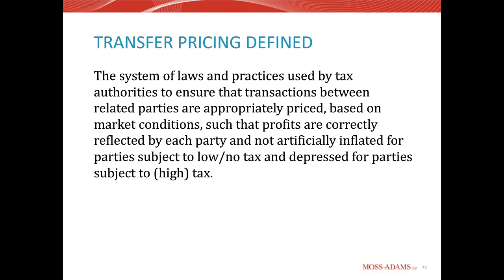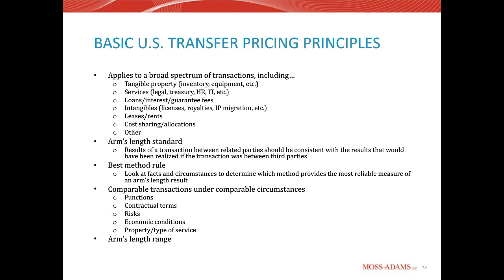So with that, going on to the next slide, we'll look at the basic U.S. transfer pricing principles that one must follow in terms of the expense allocation. What's important here is that typically when the rules were written way back in, I would say, the 60s, and probably even before that, it applied to tangible property.